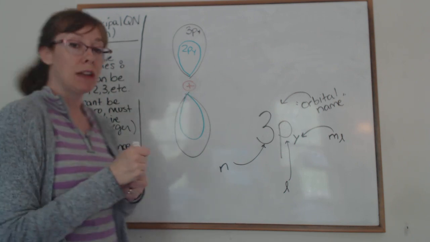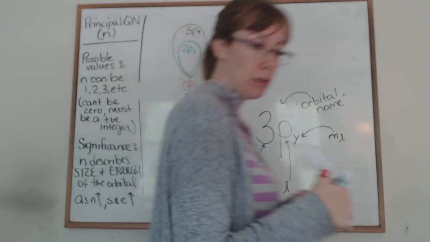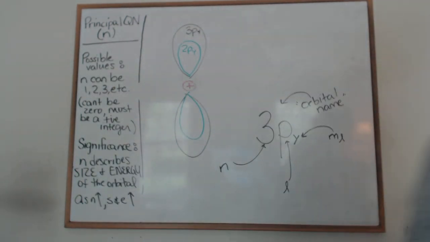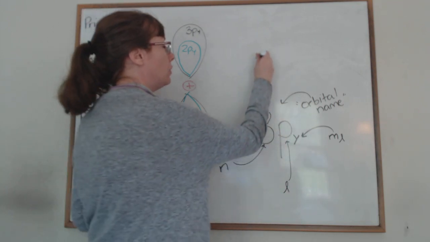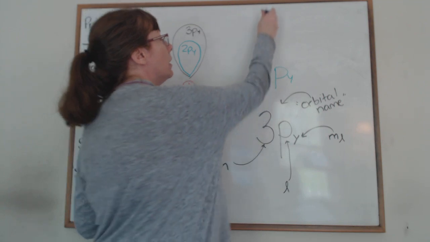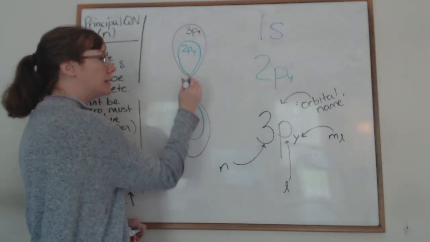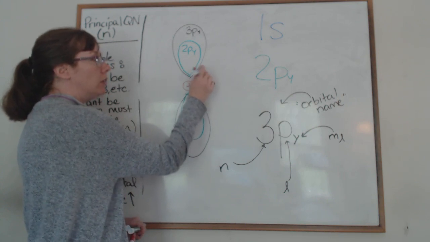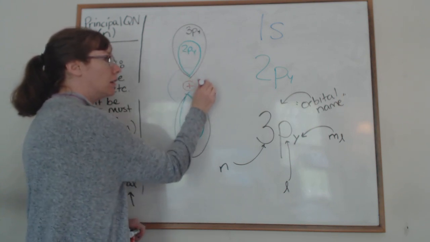If someone was to ask me to draw the 1s orbital, let me draw him in blue. So I've got the 3py in black, the 2py in blue. 1s would be spherical, and it would be smaller than both of these, so something like this.